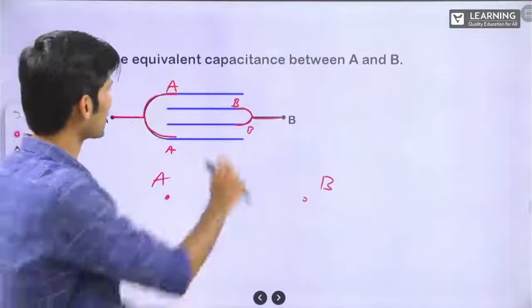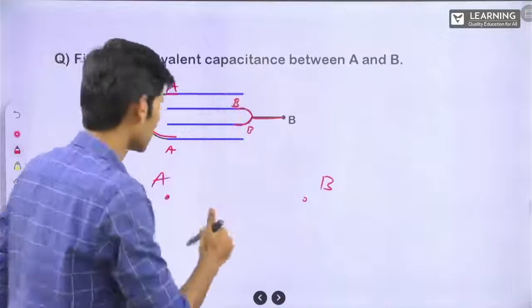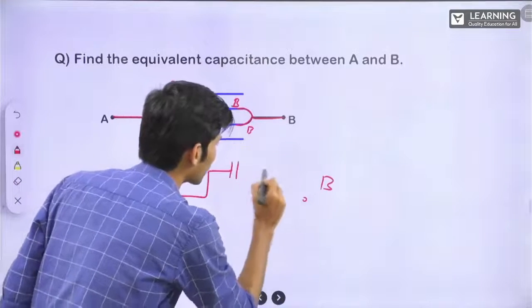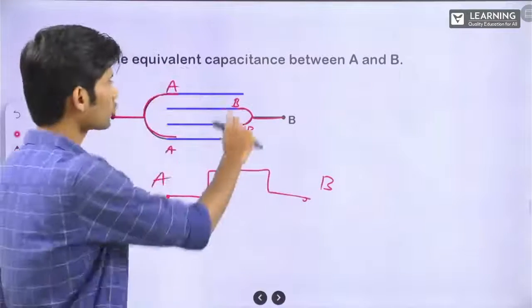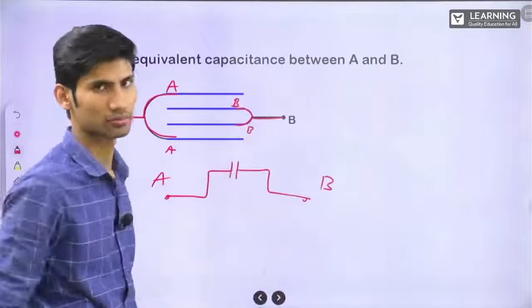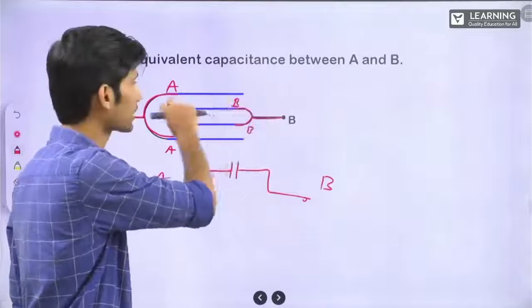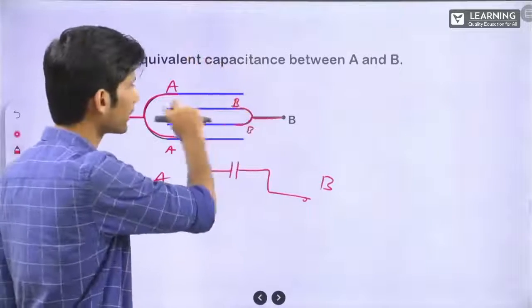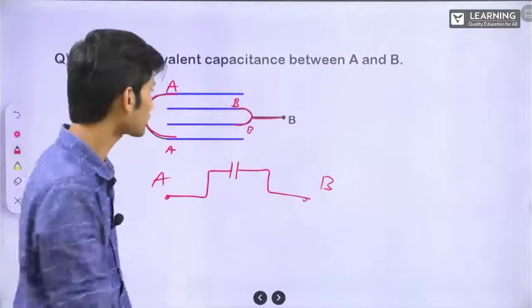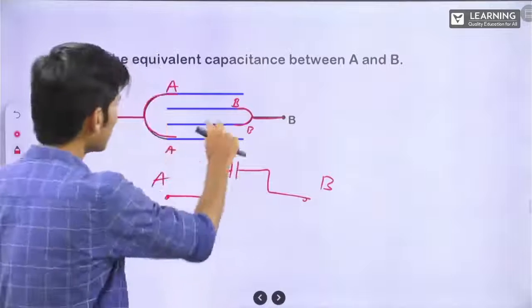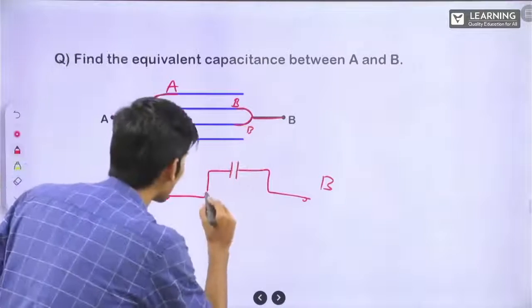This capacitor, between A and B, one capacitance is this. These 2 plates are between B and B. Not possible, right? So this is no capacitance. This capacitor is not there. This is only one plate we can consider. Fine. So now again these 2, if you see between A and B, again one more capacitance is there.